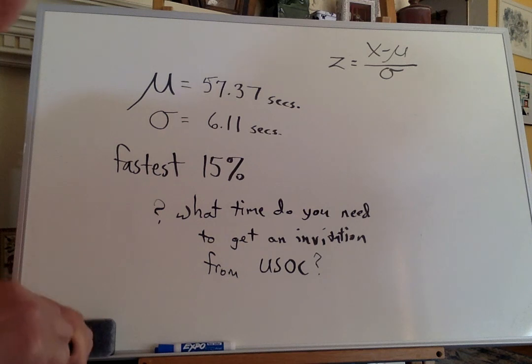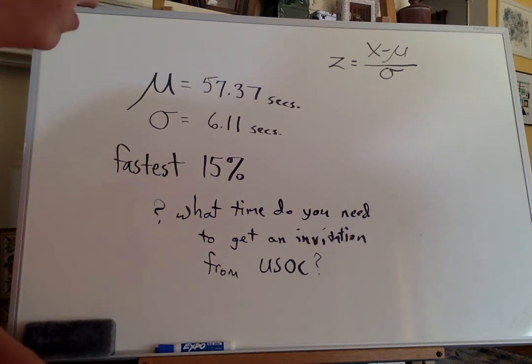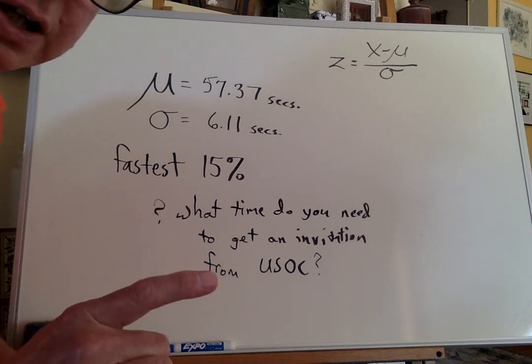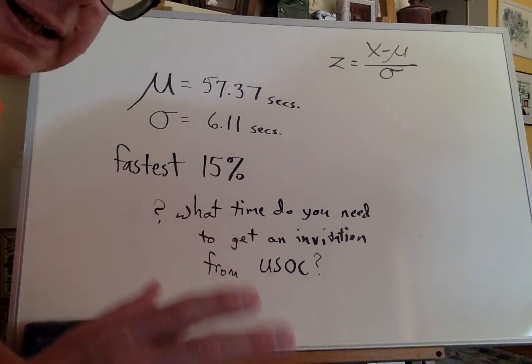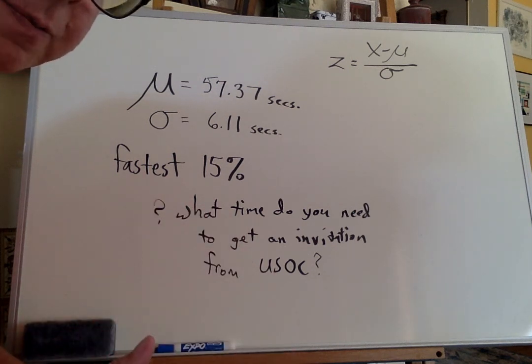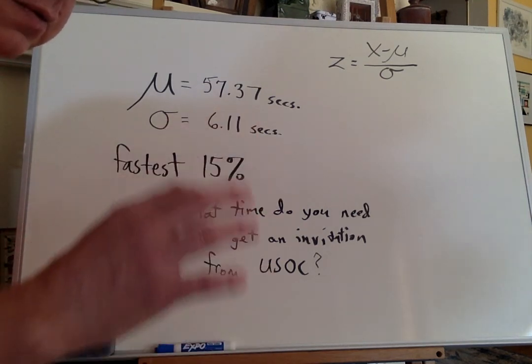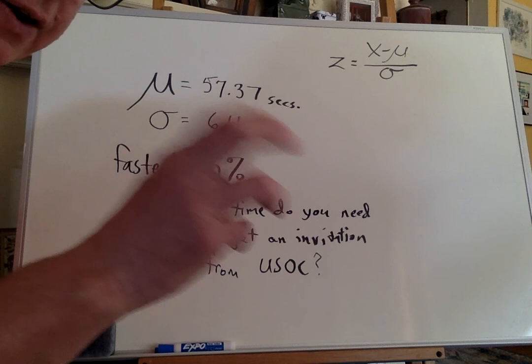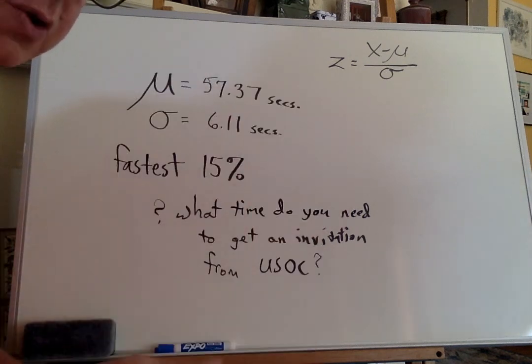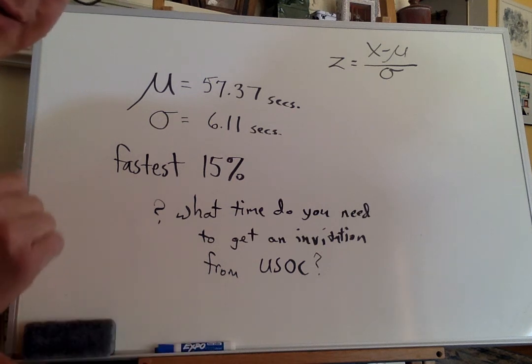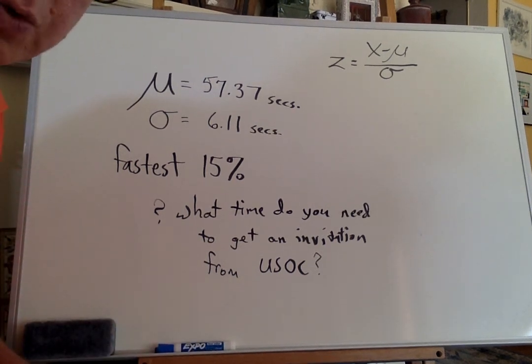They're going to get an invitation from the USOC. Okay. What's the first thing that you should do? Please draw the graph. Figure out the area under the curve. Use your z-score, use your normal table, and you'll be able to figure out what running time you need to get that invitation. And we'll start from there in the next video.